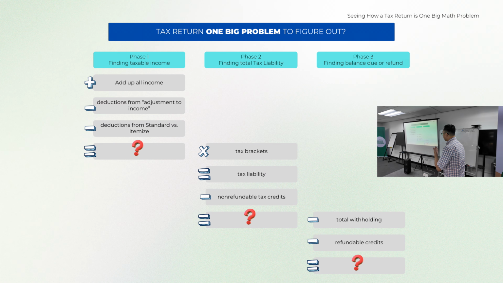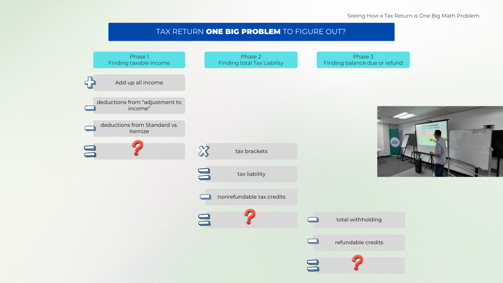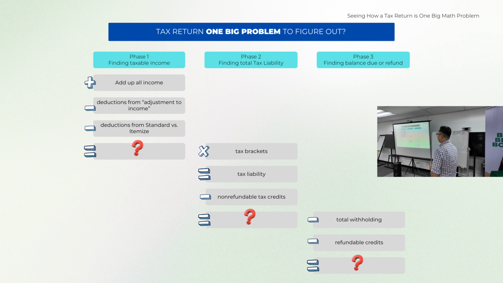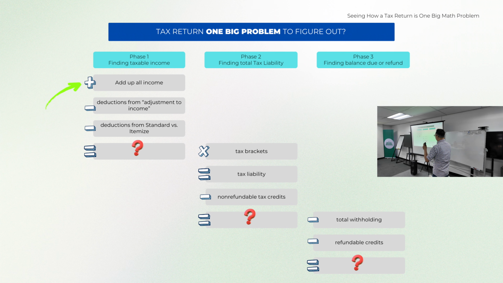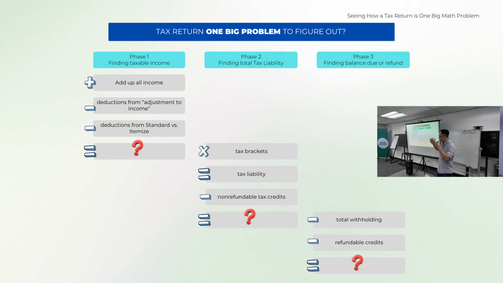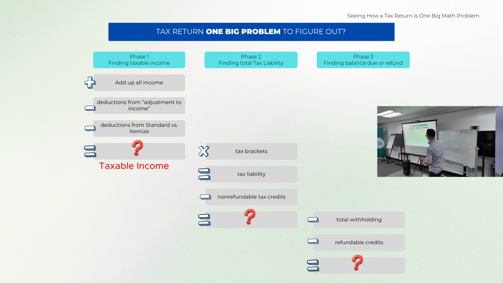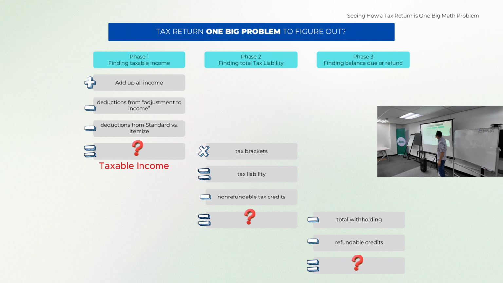Okay? So let's do a little quiz right here. Does anyone know what this is right here? Anyone remember? So if you add up all the income minus the deductions, then you get the taxable income, correct. And then here, once you get the taxable income, you multiply it by the tax bracket.